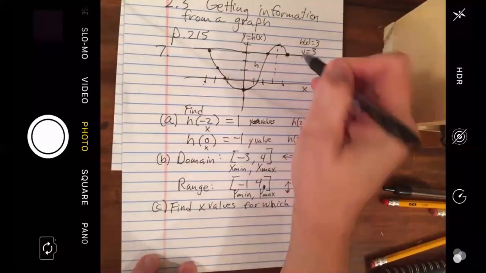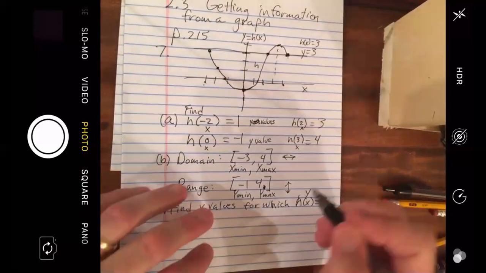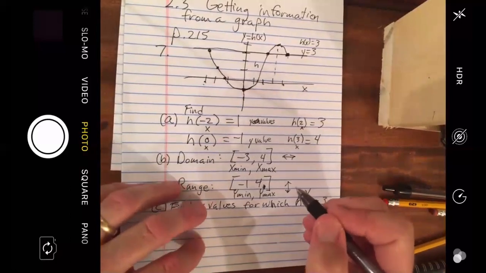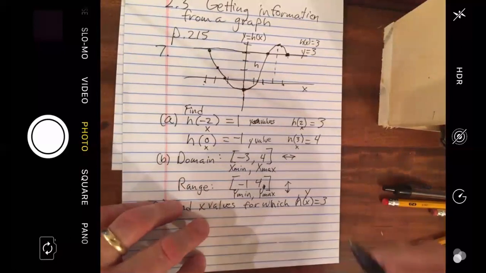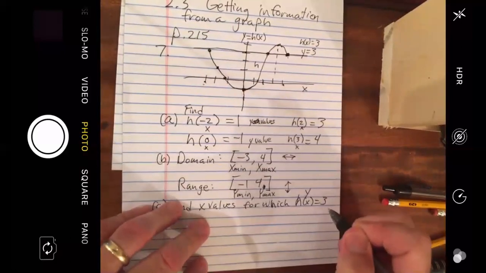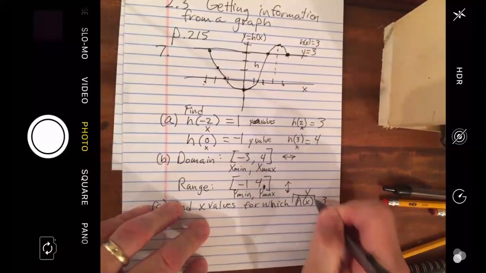Okay, Mr. C, why in h of x does the x equal y, when in parts A and B your parenthetical numerical values were the x value? What I'm saying here is that this entire thing is a y, not the part in here.